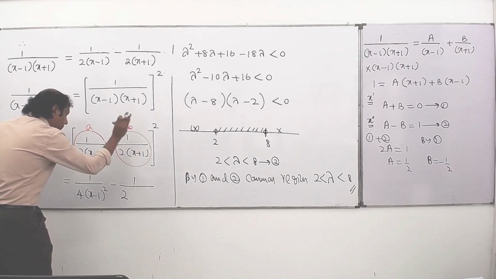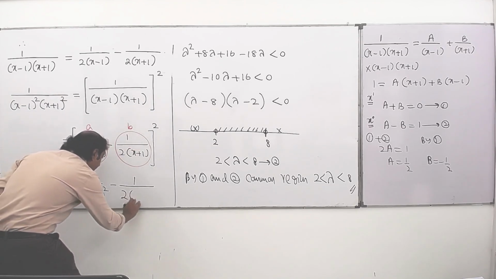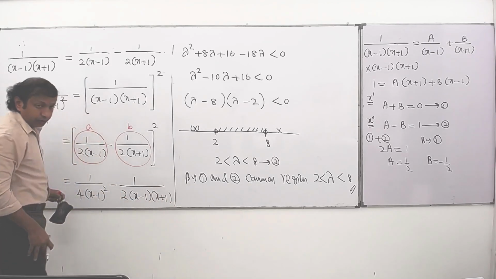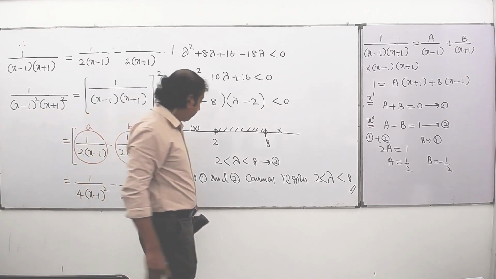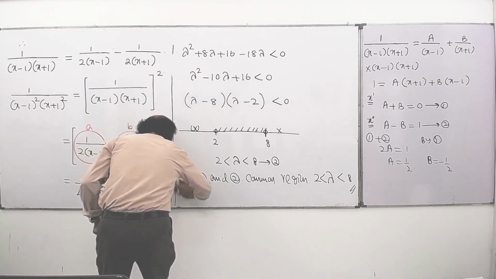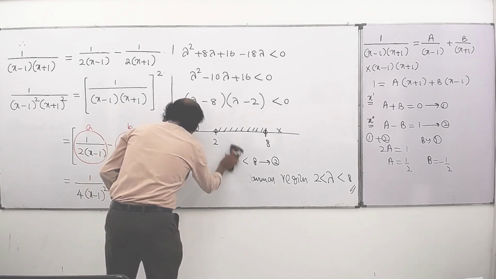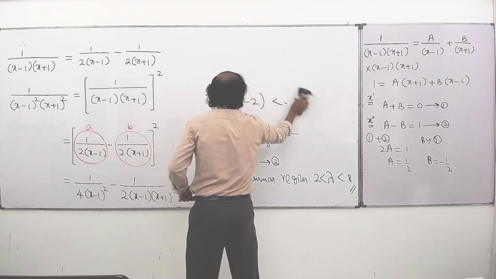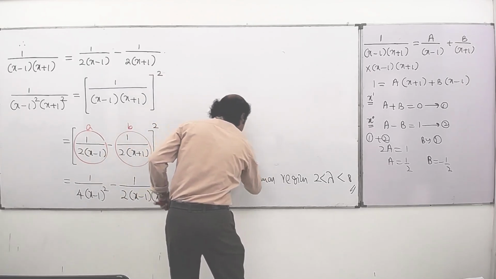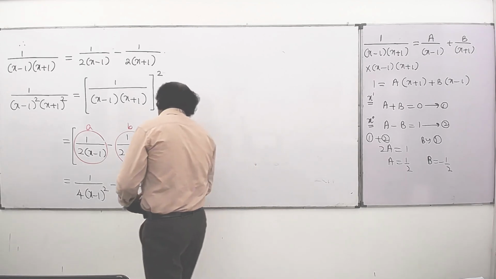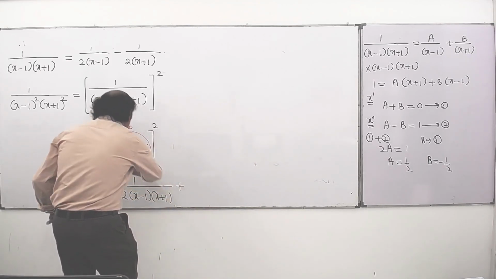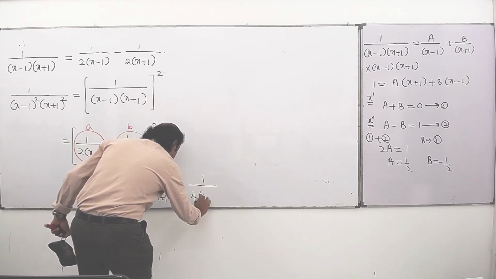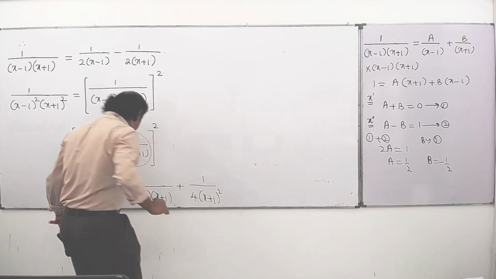But when you multiply that again by 2, another 2 comes in here: (x minus 1)(x plus 1). Then the third one comes in like this: the perfect square of this, 1 over 4 times (x plus 1) perfect square.